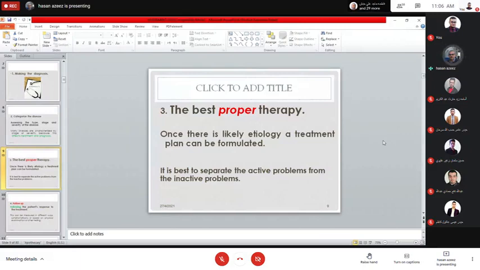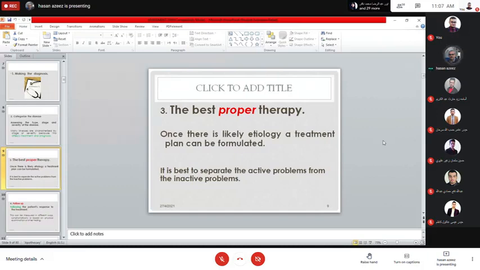But what I mean by best proper therapy is something else. It is best to give therapy to the active problem of the disease, because many patients can present with many problems. But the active problem, what makes him seek medical advice, should be treated.